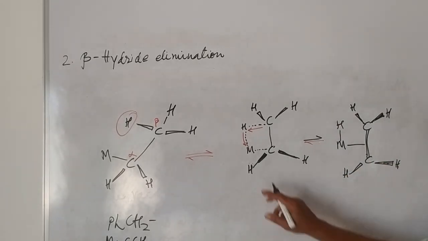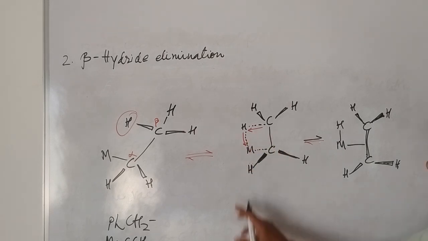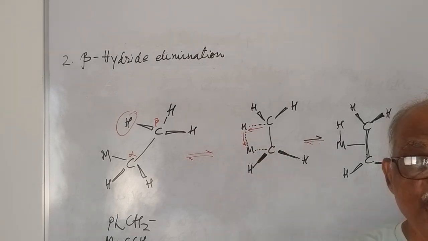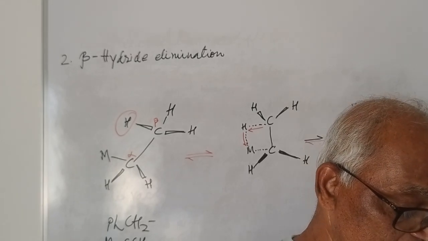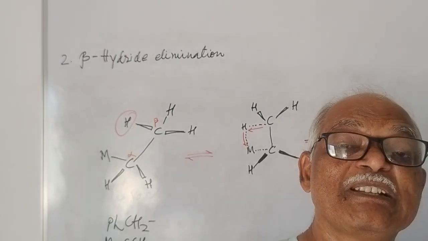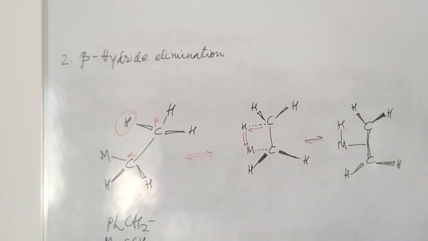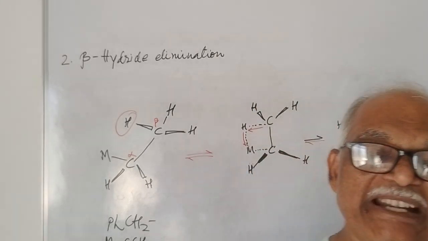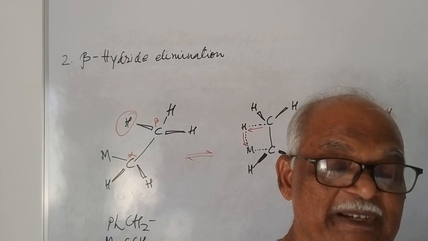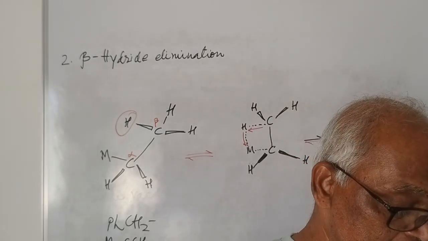These reactions are not possible when the beta hydrogen is not capable of reaching the metal, or the elimination results in an unstable alkene. So there is formation of this alkene product. When this alkene product is not possible to be formed, then beta hydrogen elimination will not take place.